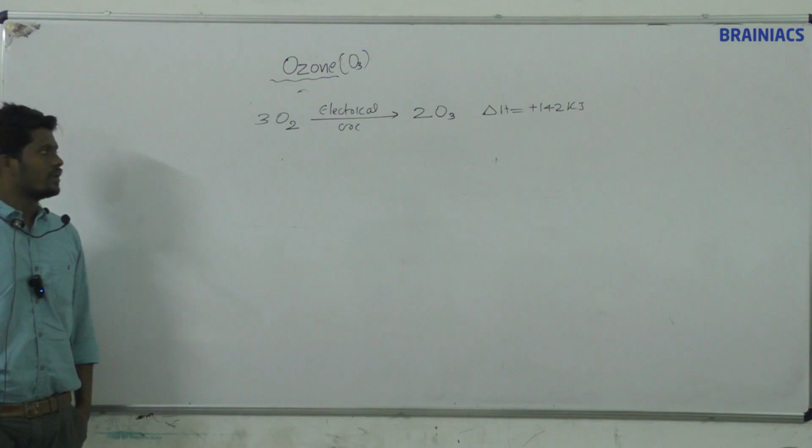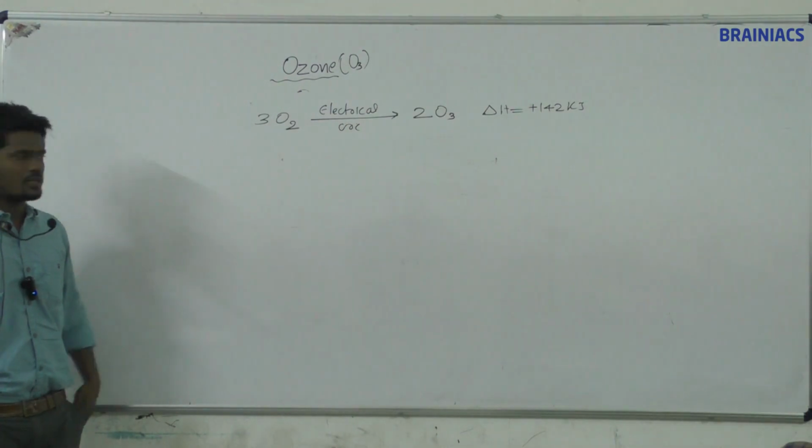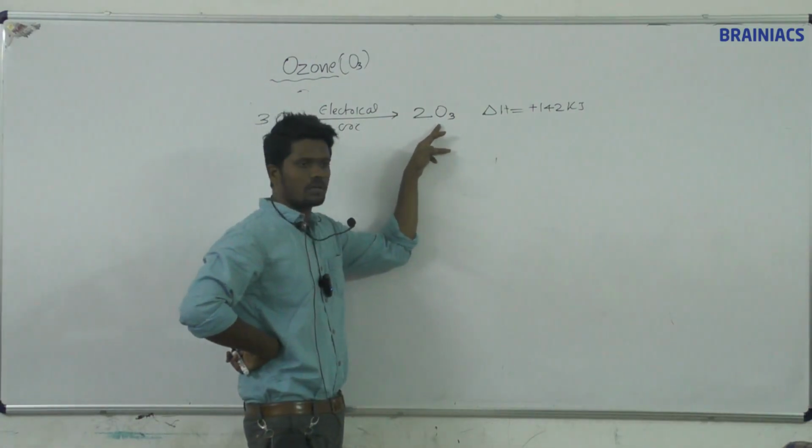So that means when oxygen is passed through an electrical arc, you can prepare what? Ozone.